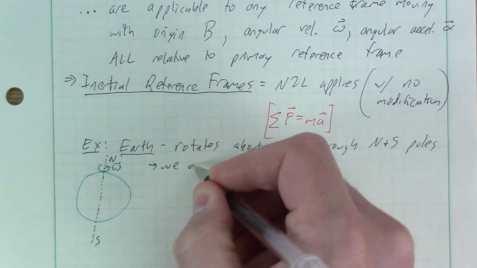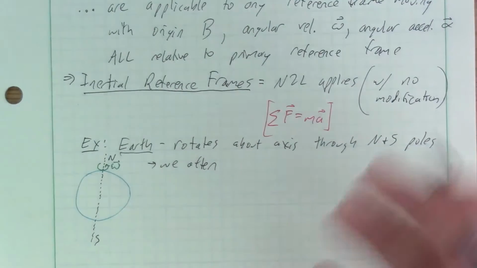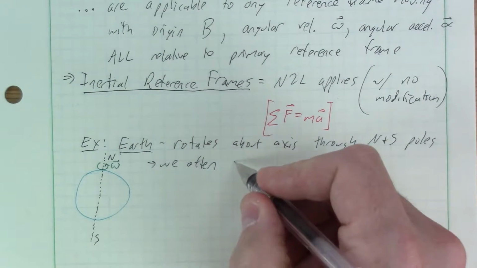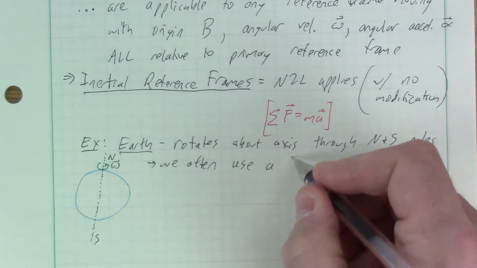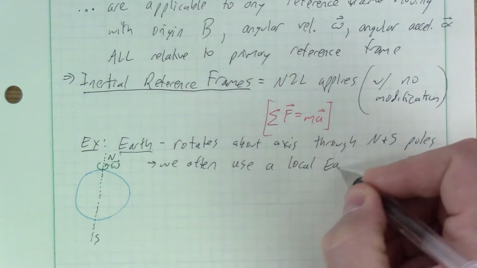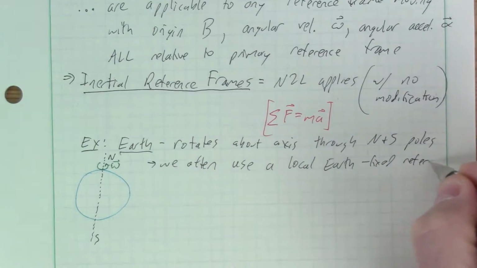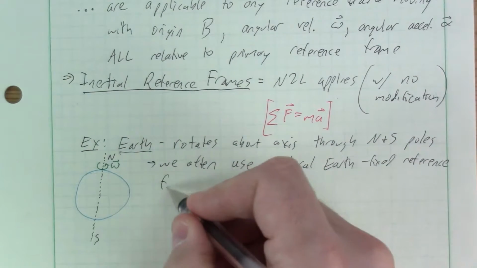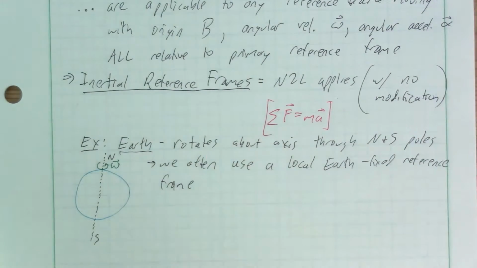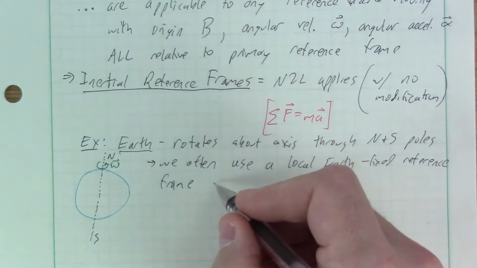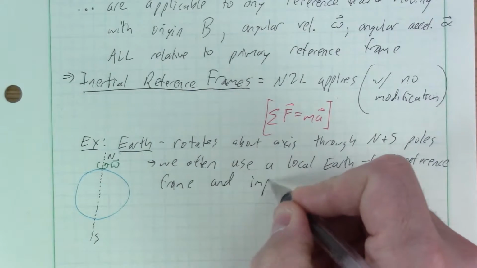Okay, so in a lot of the problems that we solve, we just use a local Earth fixed reference frame without really thinking about it too much. We just say, well, this is obviously going to be the right analysis to do, and we can obviously apply Newton's second law here in terms of the forces we are analyzing.